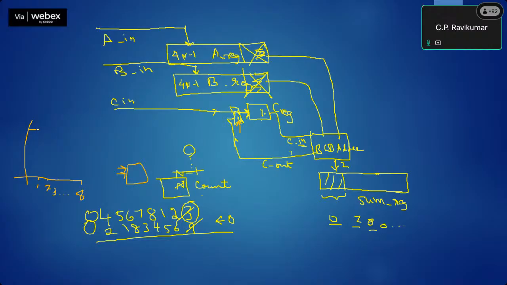The number of clock cycles will keep reducing. When n is 2, it will reduce to 4 clock cycles. When n is 4, it will reduce to 2. And when n is 8, it will reduce to 1.